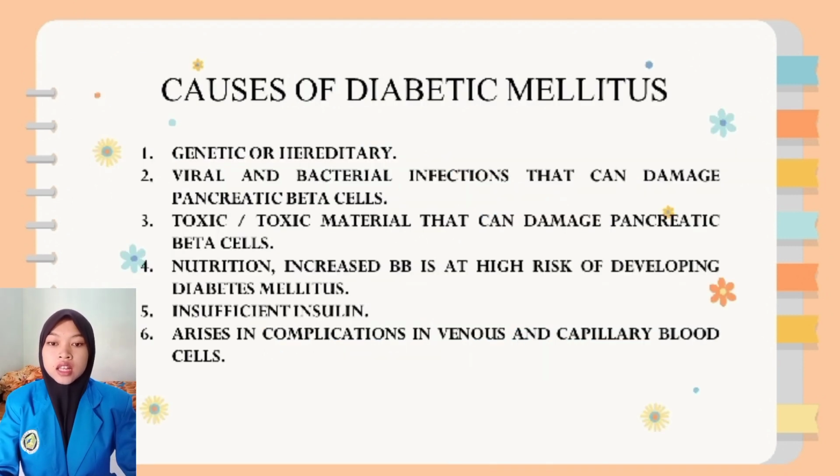Secondly, viral and bacterial infection that can damage the beta cell of the pancreas, in which the functional beta cell of the pancreas produces the hormone insulin, which is used for increasing the entry of glucose into cells, storing glucose as glycogen or conversion into fatty acids, as well as increasing the synthesis of proteins and fatty acids and suppressing the overhaul of protein into amino acid.